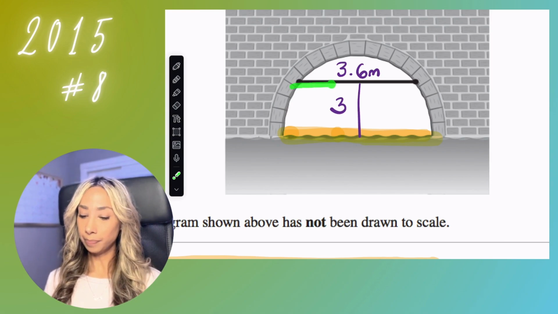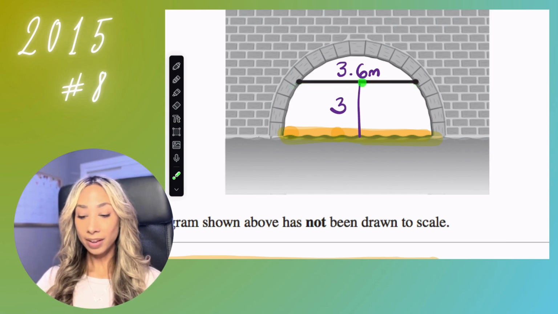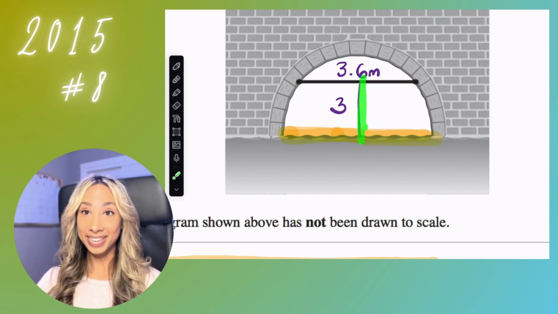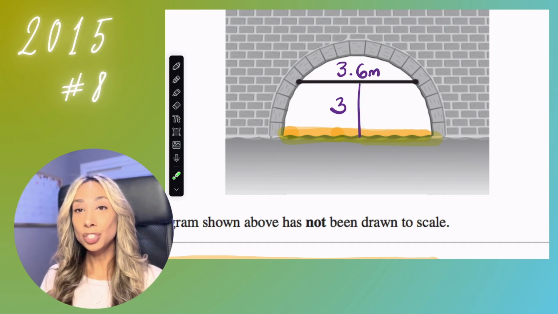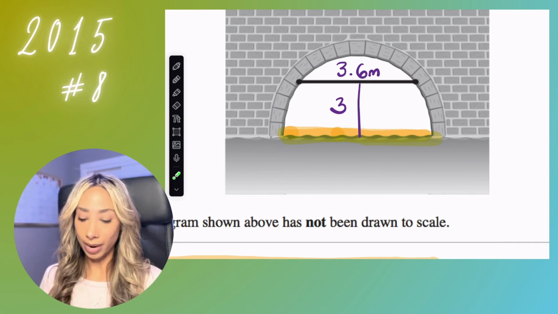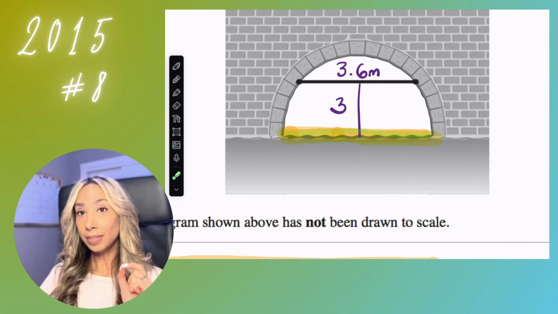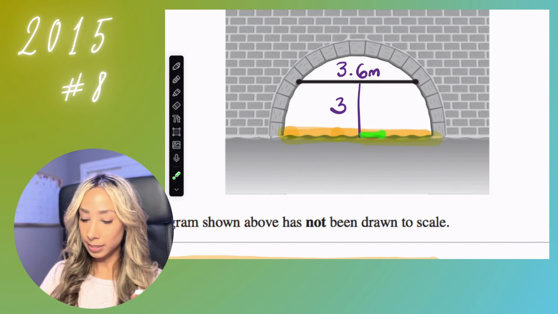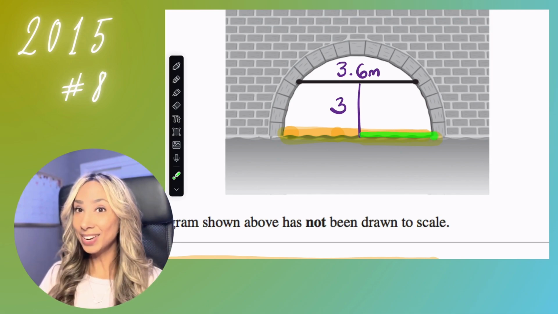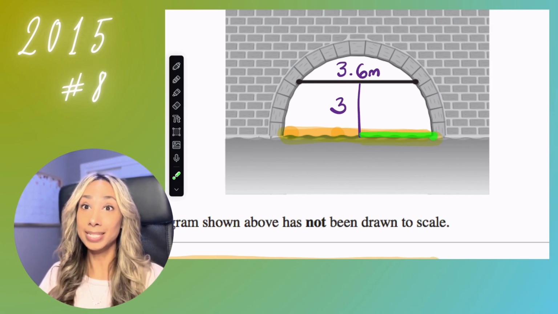So now we're looking at this. We've got a chord, and we have, you guessed it, a perpendicular bisector. So that means we definitely can start to move our radius and try and get a right angle triangle. So if this is the diameter, half the diameter is the radius, meaning the radius is from here to here. Now, as I've said in this whole video, we can move that radius however we want.